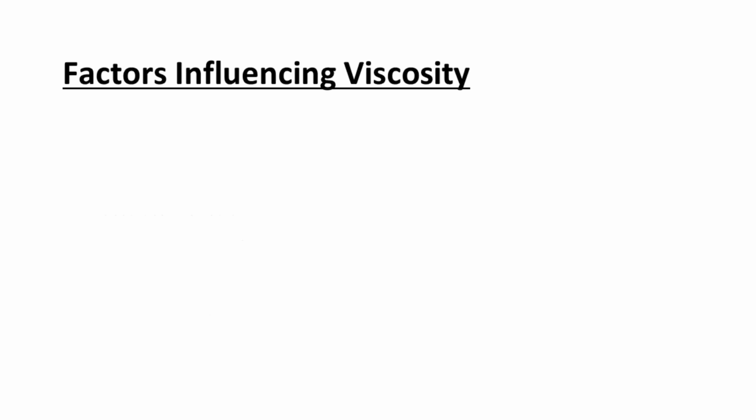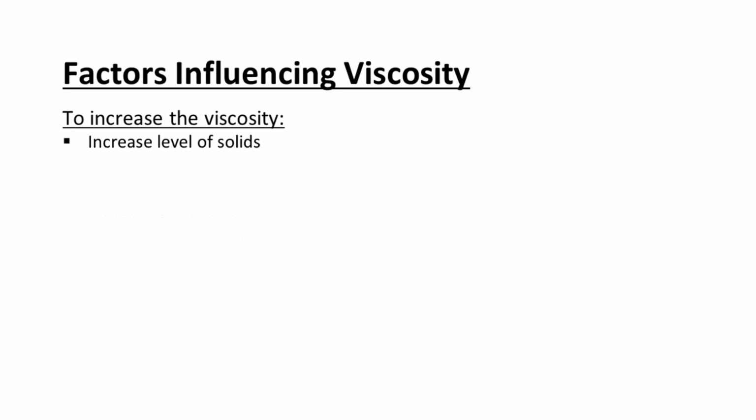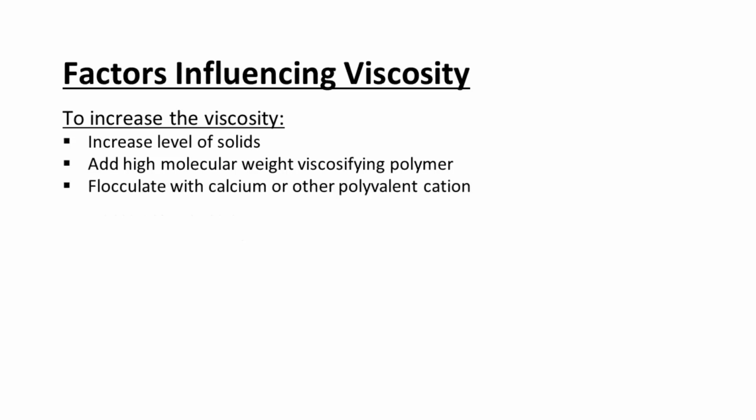Here are some ways for you to influence the viscosity of the drilling fluid. To increase the viscosity, you can increase levels of solids, add high molecular weight viscosifying polymers, flocculate with calcium or other polyvalent cations, flocculate with salt, or flocculate with low pH conditions.